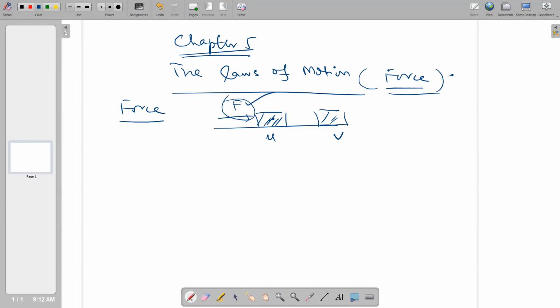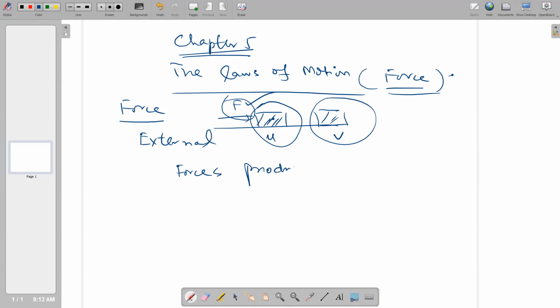So force is an external agent. It is not internal. It is an external agent which changes the state of an object. The state first is here, the second is here. So remember that forces produce acceleration.